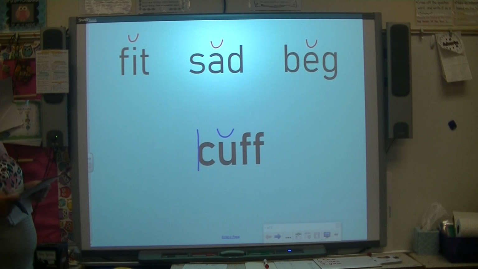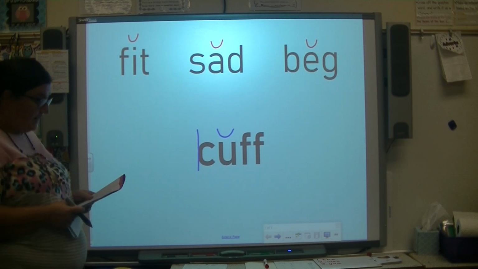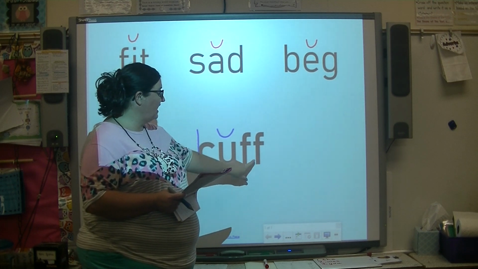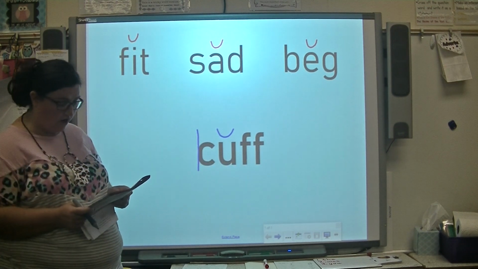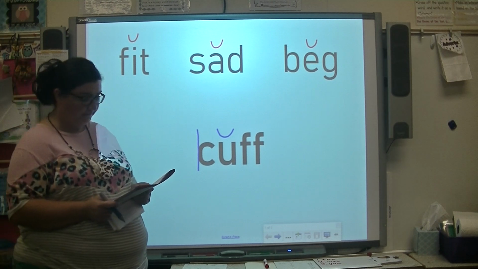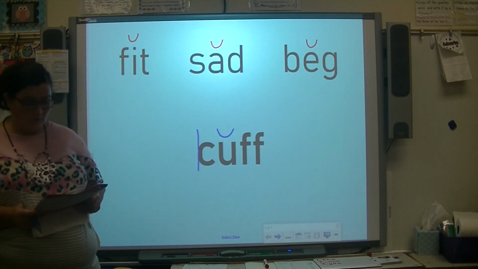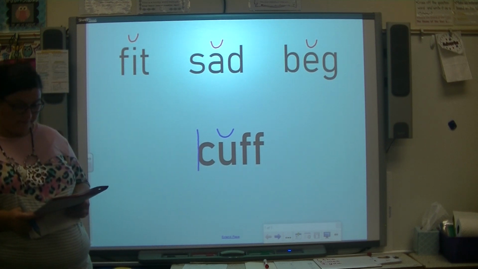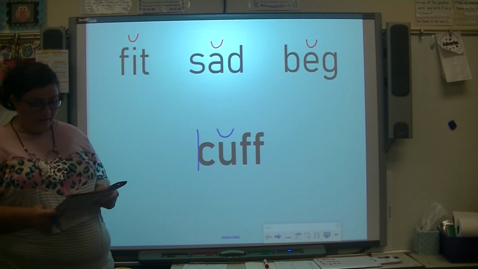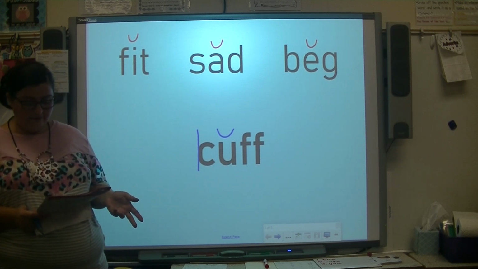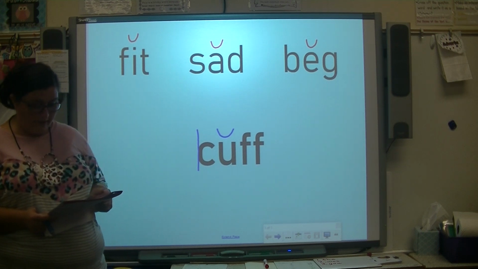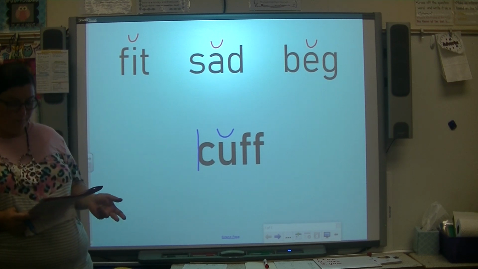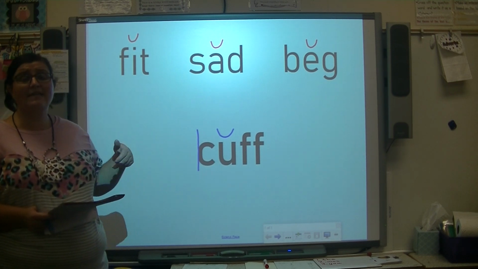All right, now, the next thing I'm going to look at is I have two of the same consonant. Those are called twin consonants. We use the word twin because it's two things that are exactly alike. Now in Saxon Phonics grade 1, you crossed out the second twin consonant to help you remember that you don't say that sound twice.